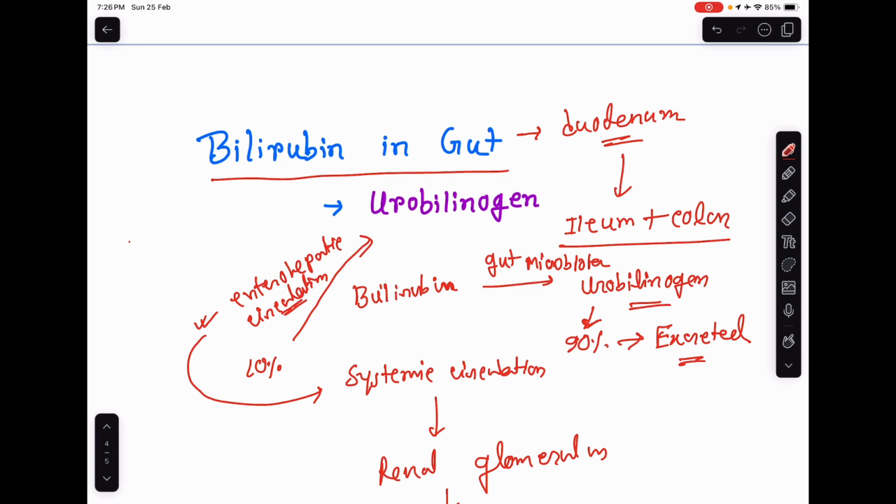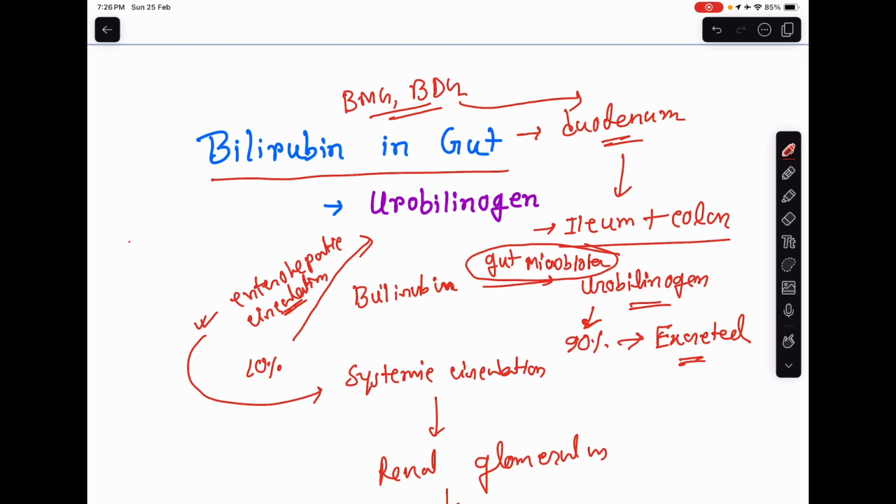Again, I'll revise. The bilirubin in the form of bilirubin monoglucuronide and bilirubin diglucuronide enters the gut, the duodenum, and when these bilirubin conjugates enter the ileum and colon, they are acted upon by gut microbiota.